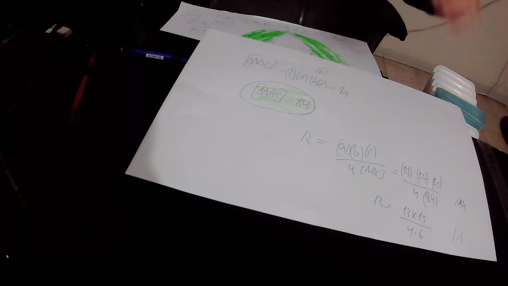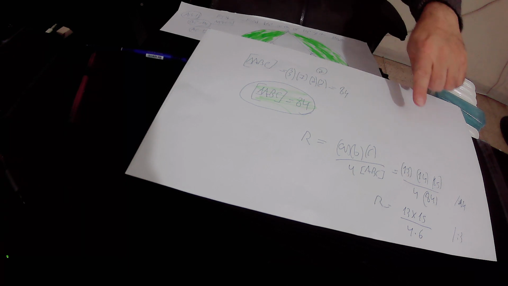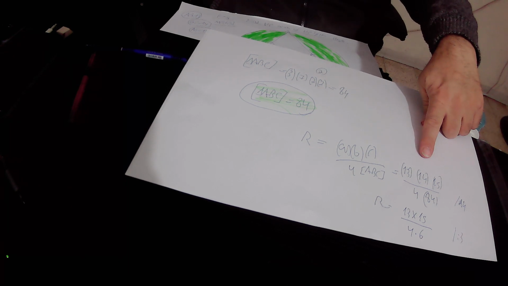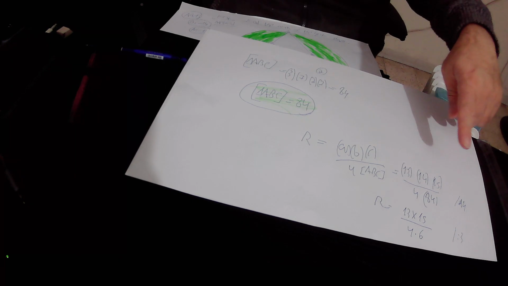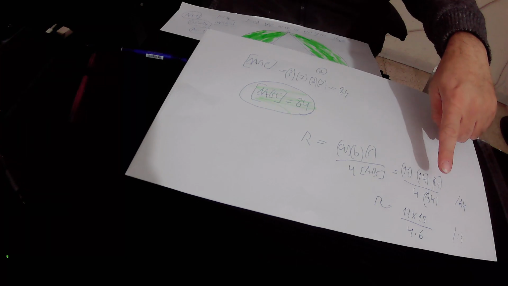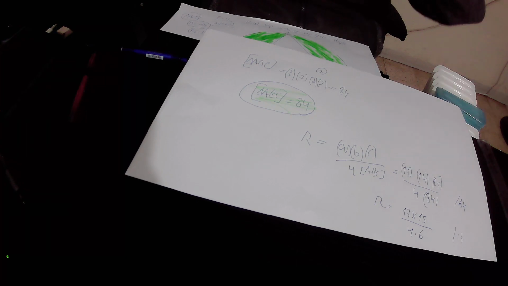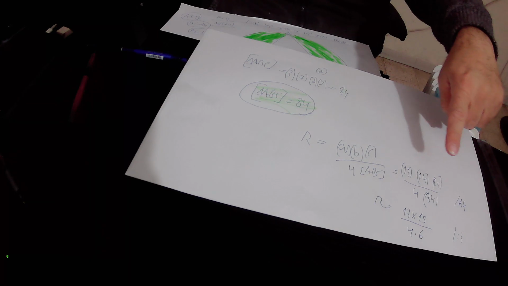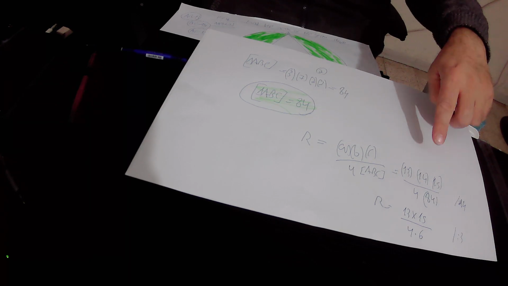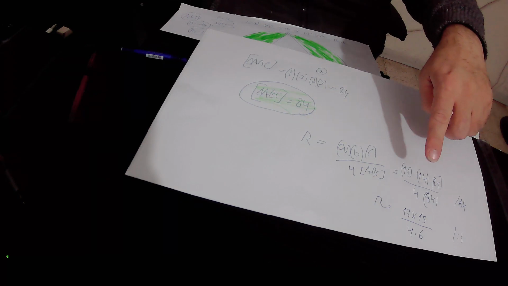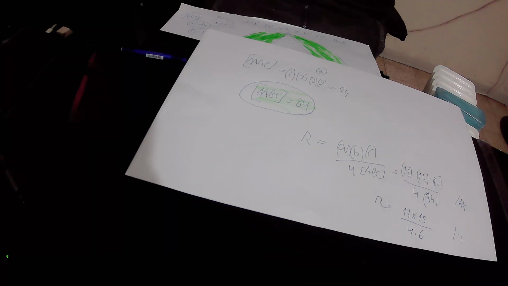So here we divided both the numerator and the denominator of this expression by 14. 14 over 14 is 1, so in the numerator we are left only with 13 times 15, over 4 times, and 84 over 14 is 6. So in the denominator we are left only with 4 times 6.